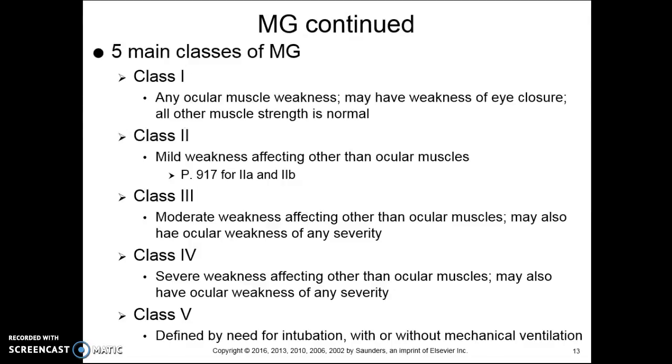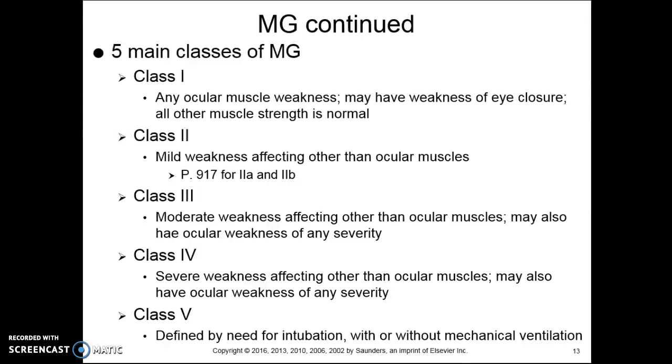So like with class 2, you'll be able to read this. So class 2, mild weakness affecting other muscles other than the ocular muscles. So page 917 does class 2A and class 2B. And just to give you this part, and then this is the last one I'll give you, you can read these. Class 2A says predominantly affecting limbs, axial muscles, or both.